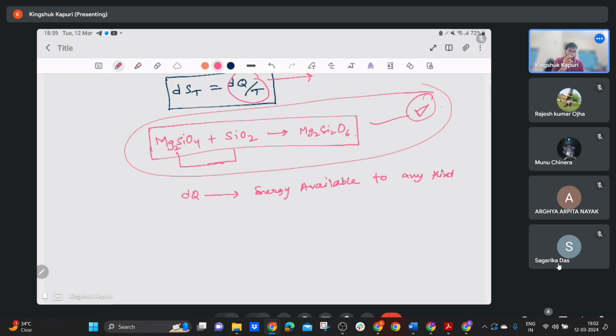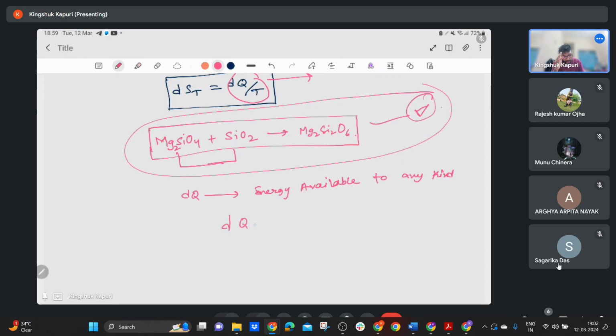But listen very carefully. If a system has been restricted from the flow of any external energy, it means if we are not supplying dQ, or if we are stopping the energy supply, it means dQ tends to 0, right?